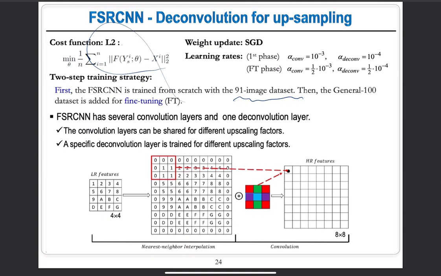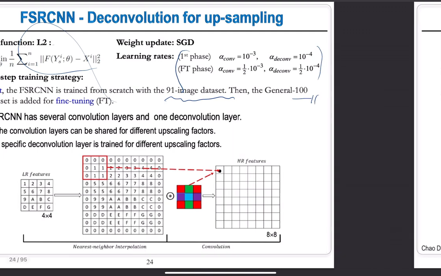Then it is fine-tuned using the General-100 dataset to improve generalization. The learning rates for the convolution and deconvolution layers are different, as shown here, reflecting their different loads and sensitivities. This careful tuning helped the FSRCNN model converge faster and perform better across various datasets.